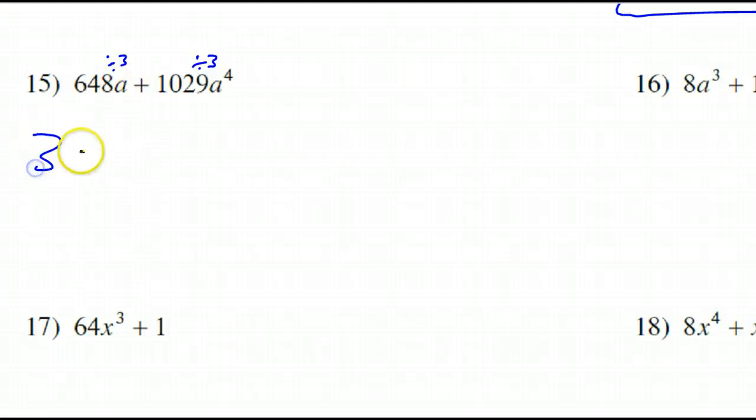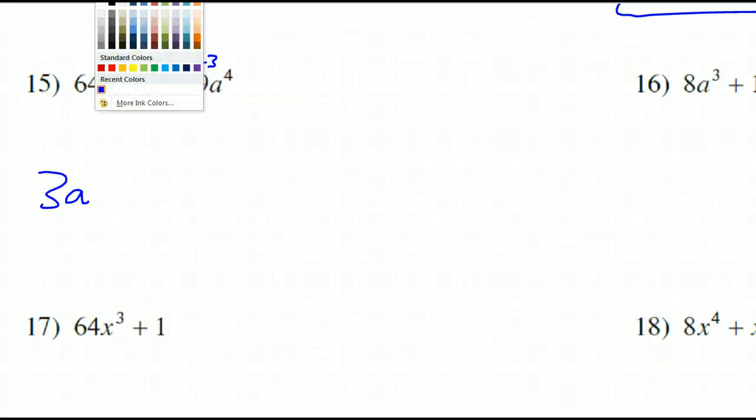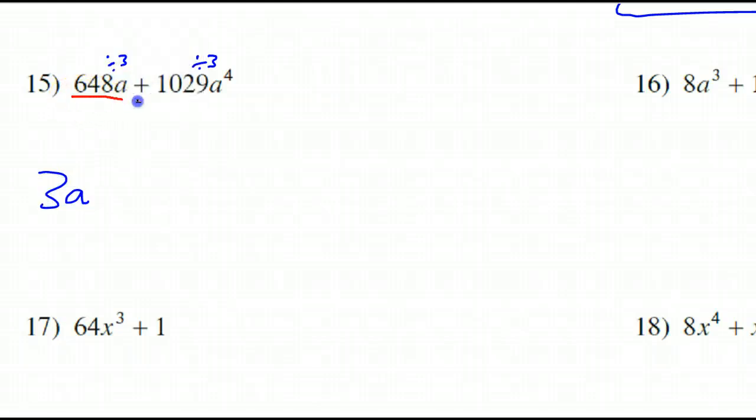So basically, my common factor is 3a. So I'm about to pull that out. A little bit more room. So my common factor is 3a. So that means I'm going back and dividing everything by 3a, and I'm now seeing what's left behind.